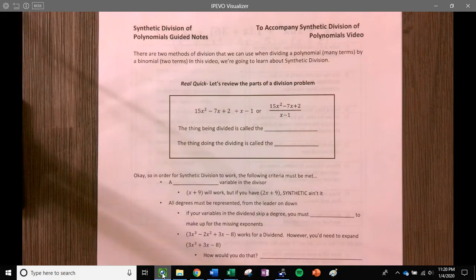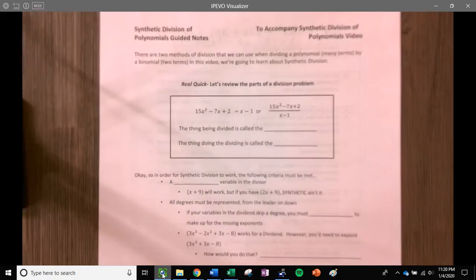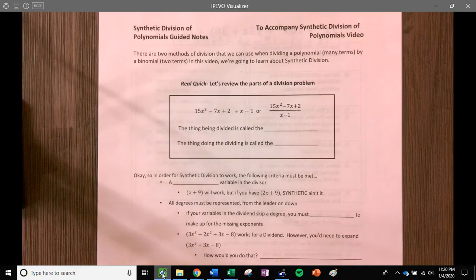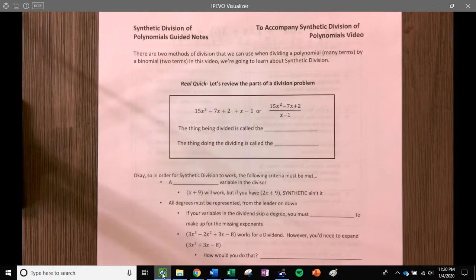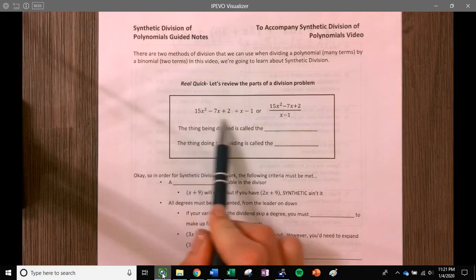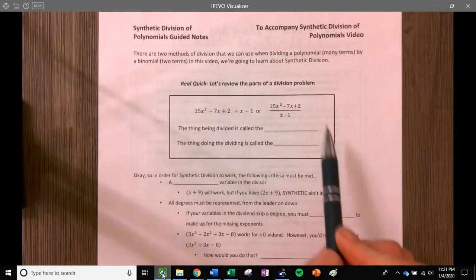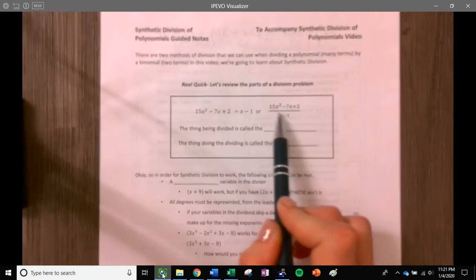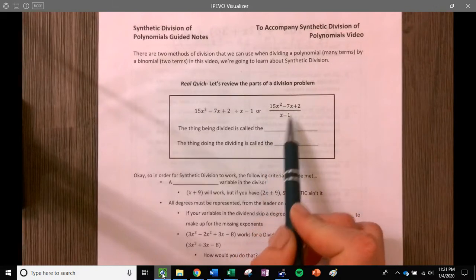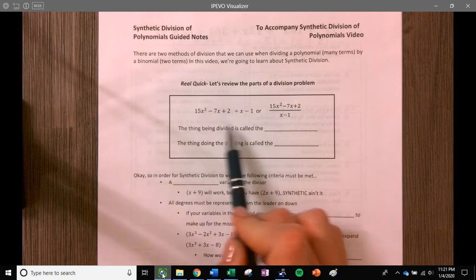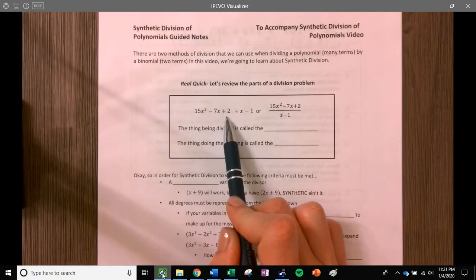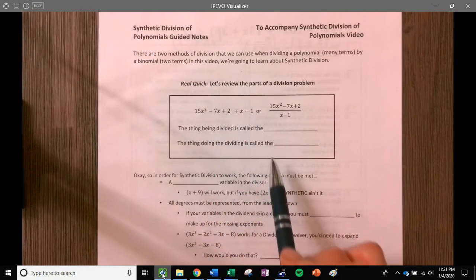First, we have to make sure that we understand the parts of a division problem so that we've got all the lingo for when we are running through these problems. So you're going to see a division problem written usually one of two ways, either in long form like this with the division symbol, or the big part on top as the numerator and the little part on the bottom. But we understand both of these as 15x squared minus 7x plus 2 divided by x minus 1.